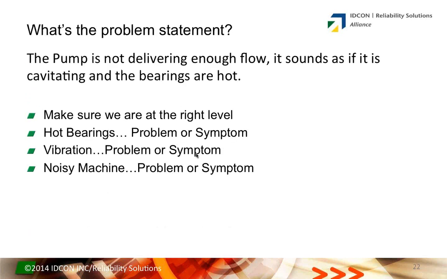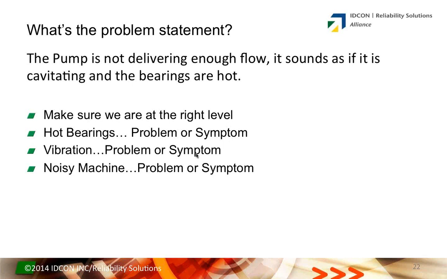Here's an example of a problem statement we've seen before, or someone has written at some point. The pump is not delivering enough flow. It sounds as if it's cavitating and the bearings are hot. When you actually look at that, what's the real problem? As an operator or as a plant, it doesn't matter if it sounds like it's cavitating. It really doesn't matter if the bearings are hot just yet.